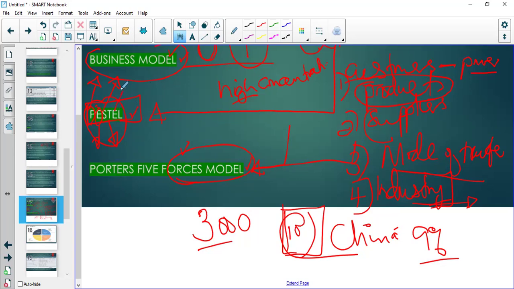You also look at the E: environmental as well as legal. So you have a way of looking at all those, and you combine them into a way of extracting what could be the risks in a given environment.